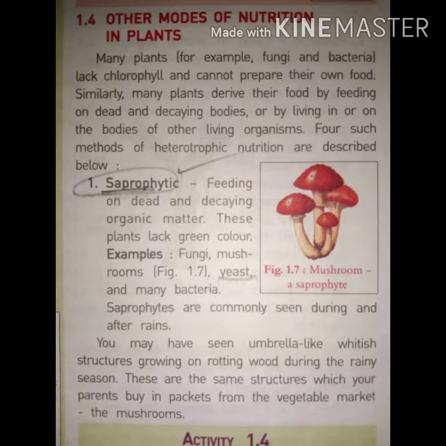This umbrella-like structure is the mushroom, which we buy from the market and eat as a vegetable. Examples of saprophytic organisms are yeast and many bacteria. Yeast and many other bacteria take their nutrition by the saprophytic mode of nutrition.